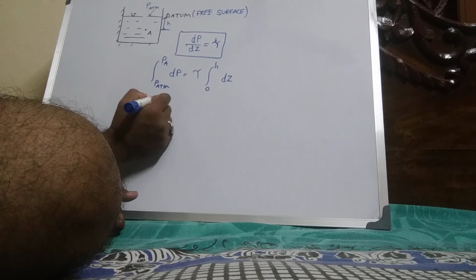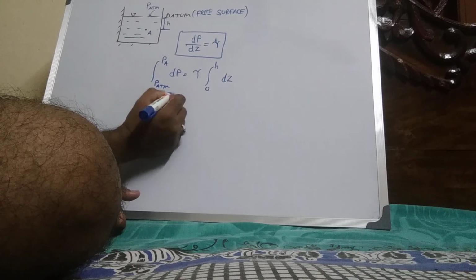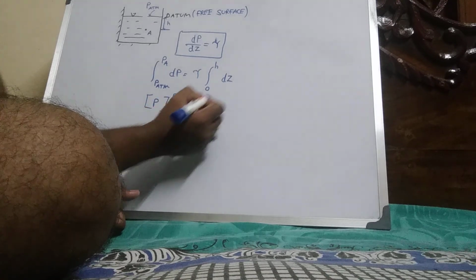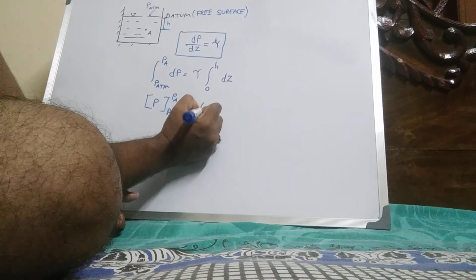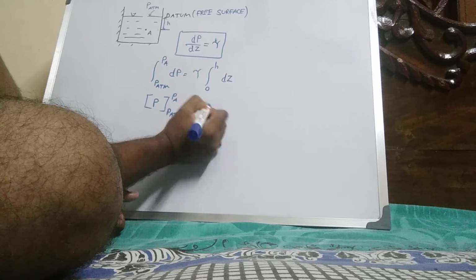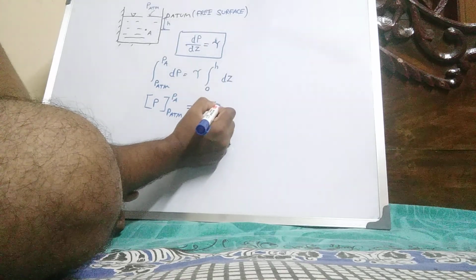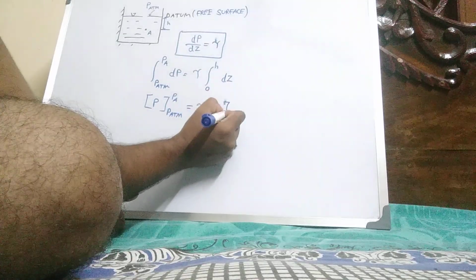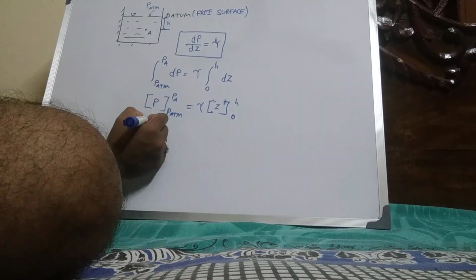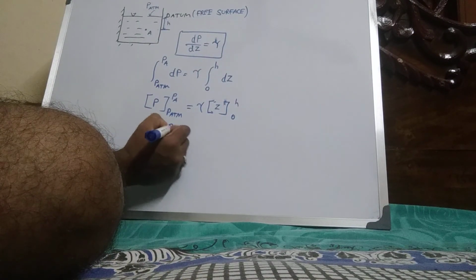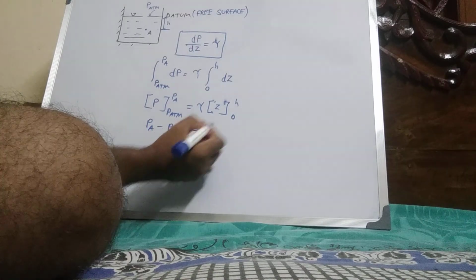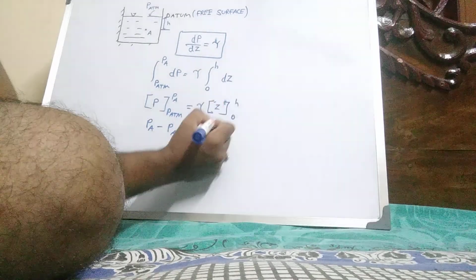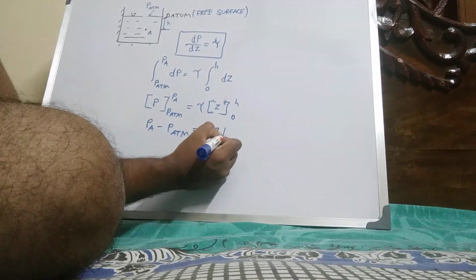So PA minus P atm equals gamma h, or rho g h.